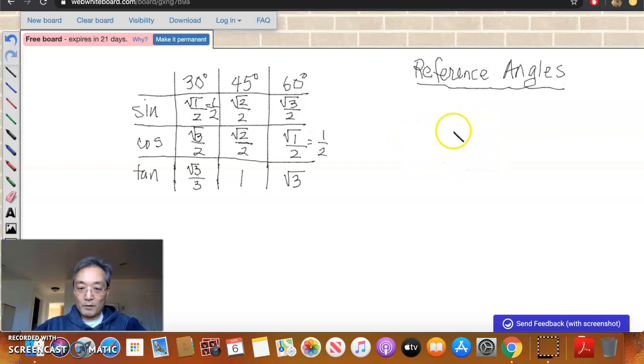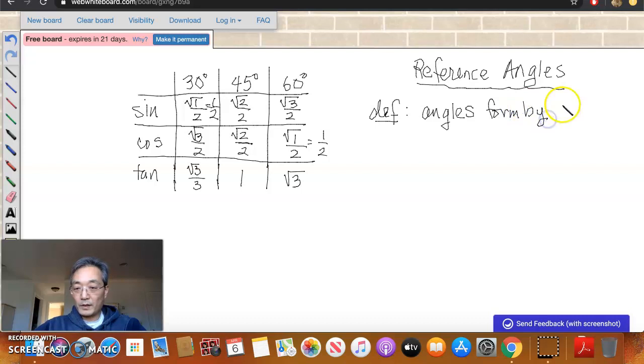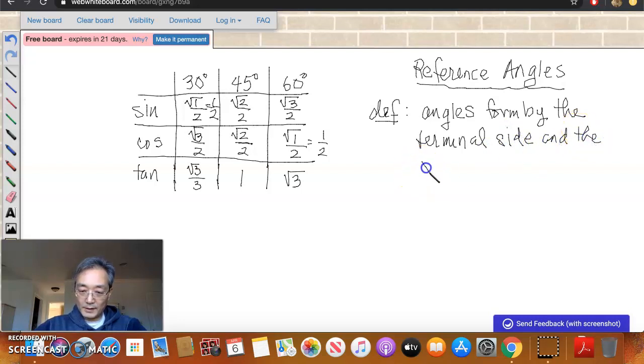So, reference angles are, definition. Okay. So reference angles are angles formed by the terminal side and the x-axis.